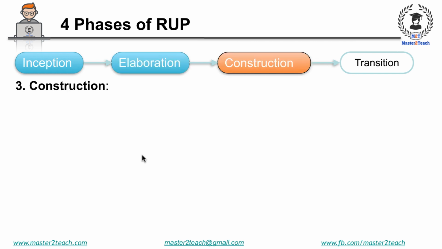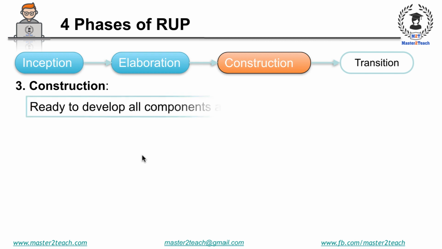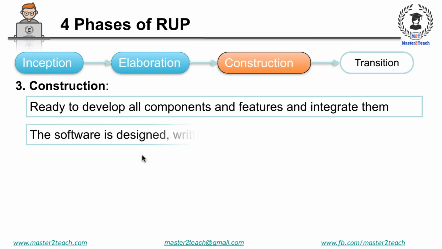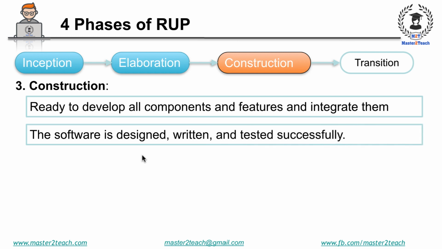Number 3, construction. This is the third phase of the development process. At this stage, your team is finally ready to develop all components and features and integrate them into the product. It's a manufacturing process where your team focuses on managing resources to optimize cost, schedules, and quality. The software is designed, written, and tested successfully.